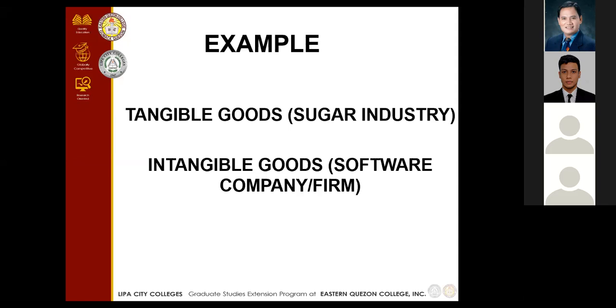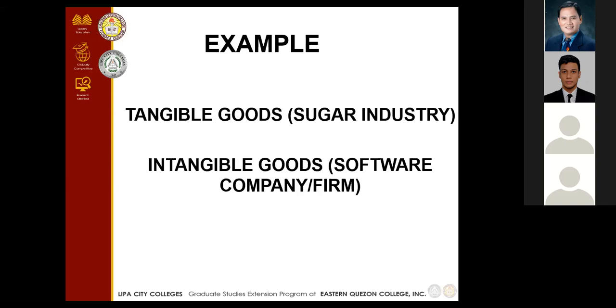Ang input natin sa sugar industry is the sugar cane. So yung conversion process naman natin sa sugar industry is yung sugarcane juice, and then yung finished product natin doon or yung output natin is the sugar or the refined sugar for mass consumption.